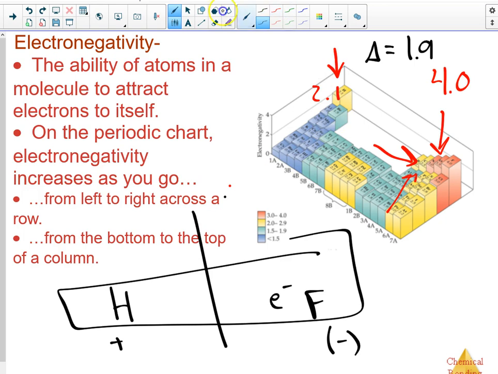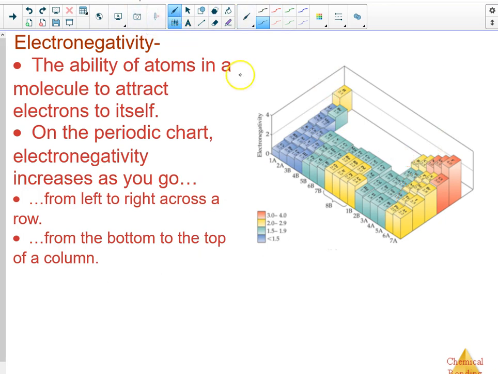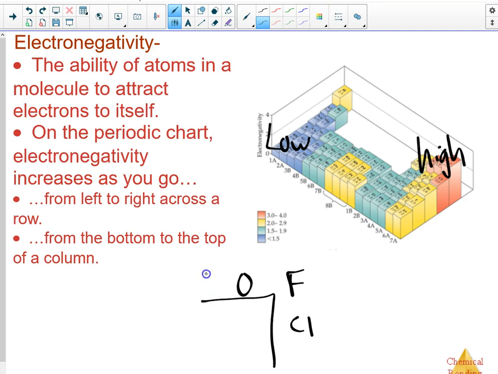You should know a little bit about electronegativity. Over here, they're really high. Over here, they're really low. Easy enough? You should know the three highest electronegative atoms are oxygen, fluorine, and chlorine. And I drew them in this weird shape for a reason, because that's where they are, right?